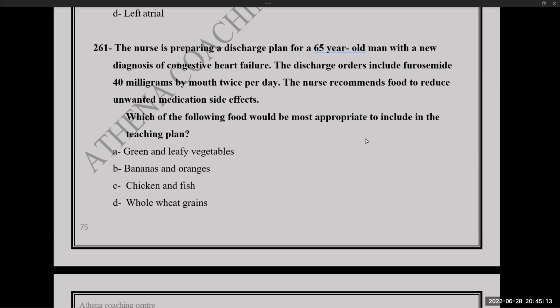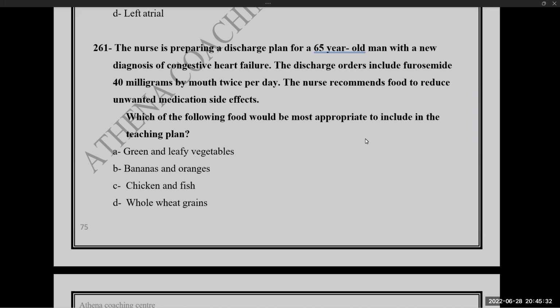What is the side effect of Lasix or furosemide? And in order to reduce the side effect, what is the diet modification which you need to follow? That is the question here.